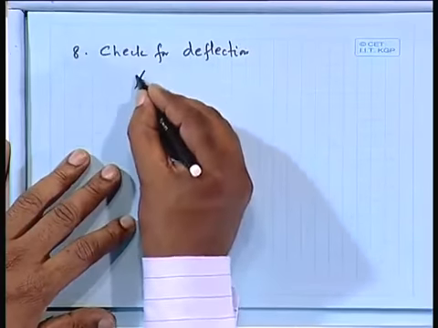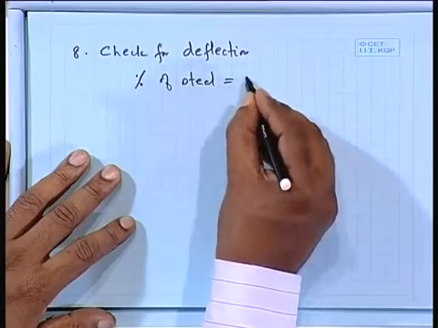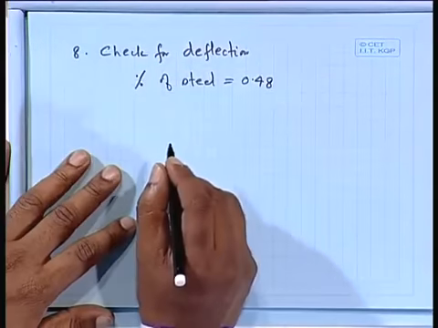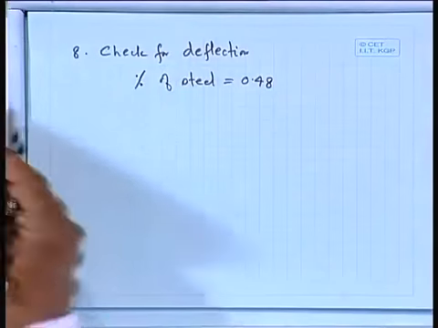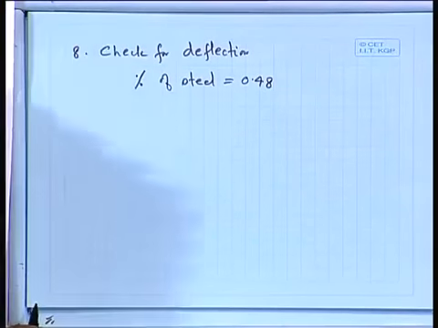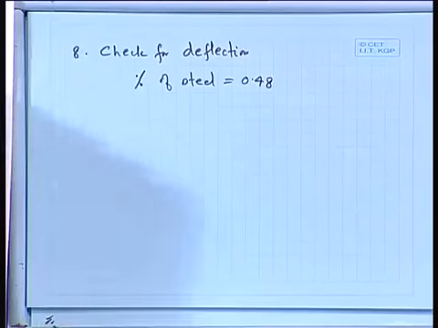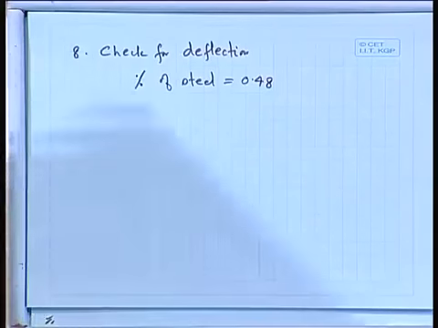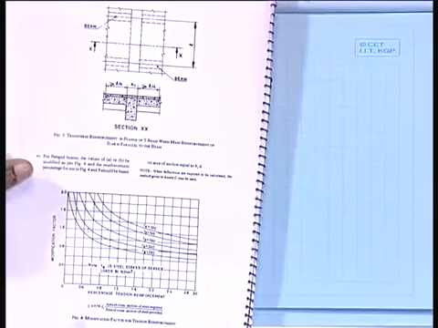So we shall get it as the percentage of steel provided, that is 0.48. So if we now go back to that table or figure, just for your reference, that is figure 4 of page 38 in the IS code.